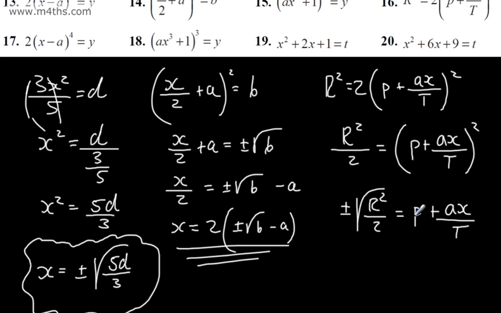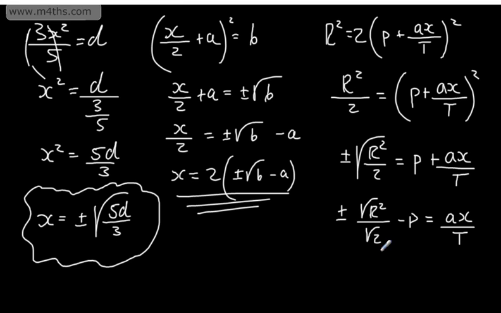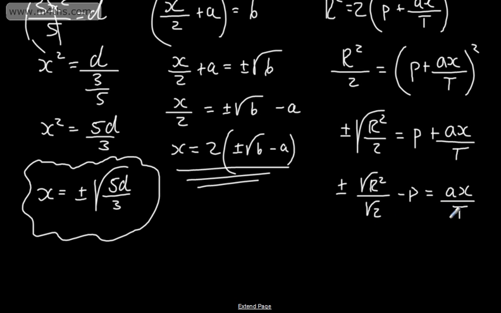At this stage, I'm now going to subtract p from both sides, but I'm going to write this differently. If I write this as the square root of r squared over the square root of 2, minus p, on the next phase I can just go ahead and rewrite this. I'm going to divide both sides of the equation by a over t.